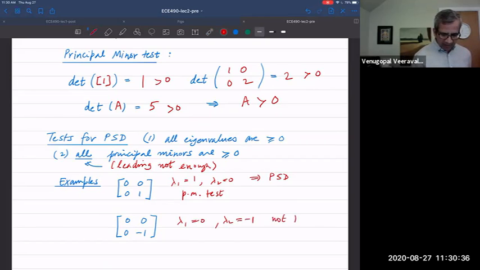But if we just look at the leading principal minors, both are 0, so they're non-negative. But if you include all principal minors, then you have to include this one, which is negative. And so that's how you conclude that it's not PSD. Okay? Any questions about this?